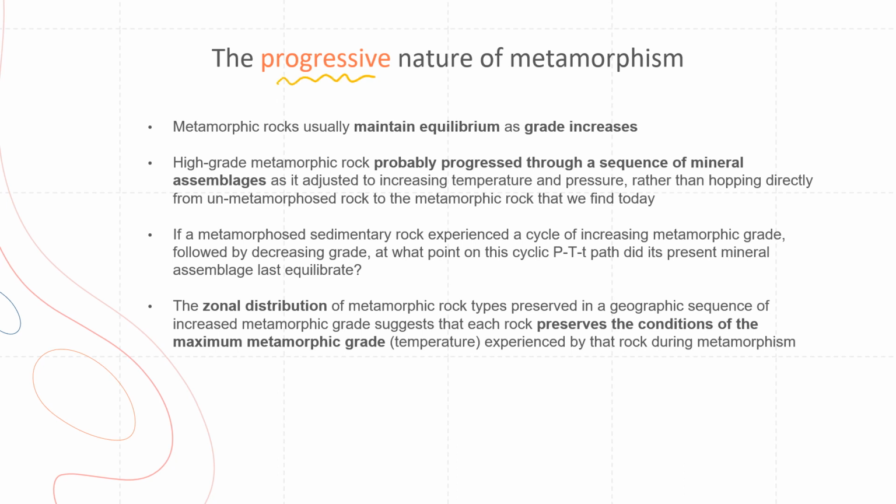What this means is that as a rock is adjusting to increasing temperature and increasing pressure, rather than hopping directly from an unmetamorphosed rock to a metamorphic rock, it would actually go through a sequence of mineral assemblages, and these are very specific steps that they go through to become the metamorphic rock that you would find today.